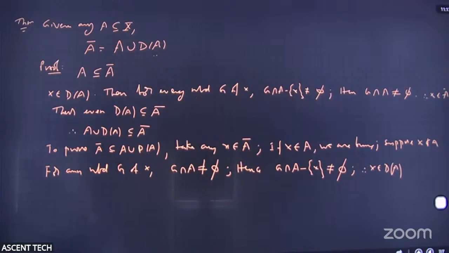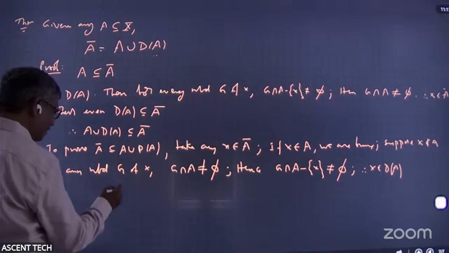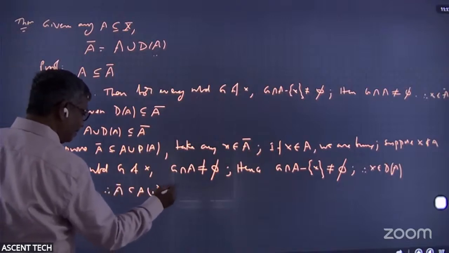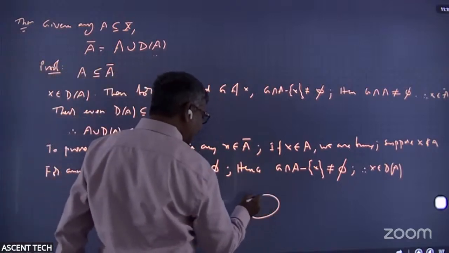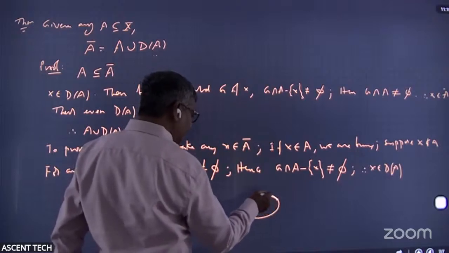Any questions about this argument? So you have no other option. Therefore A bar is contained in A union dA. Given A, we are not only picking up all the elements in A, if there are any limit points, they are also picked up into the closure.